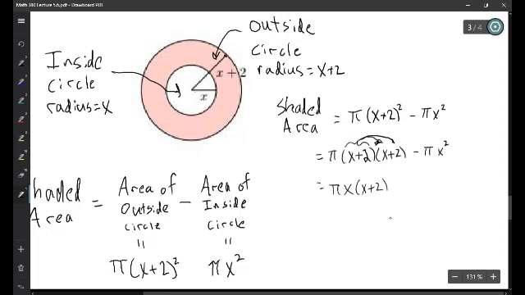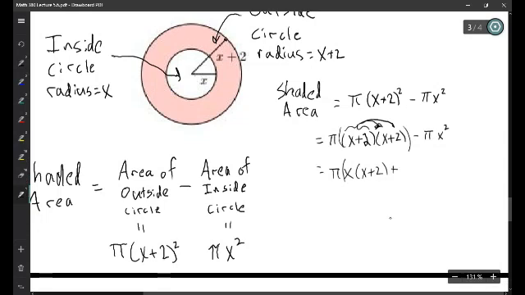So we might as well group these together. We can put extra parentheses in here. So the pi will leave for last. And then we have x plus 2 times x. And then quantity x plus 2 times 2. That's the same thing as plus 2 times x plus 2. And then minus pi x squared.